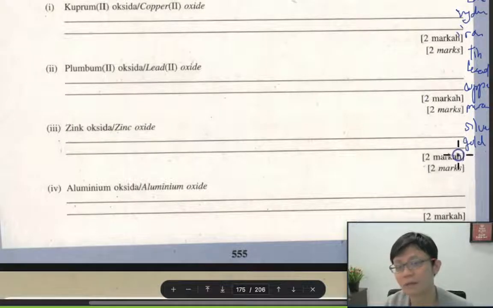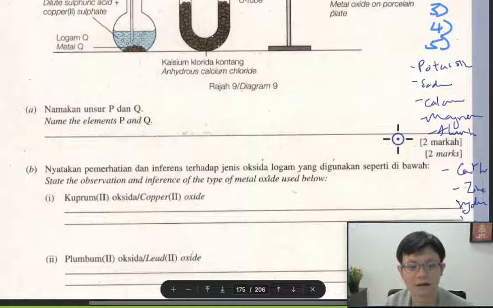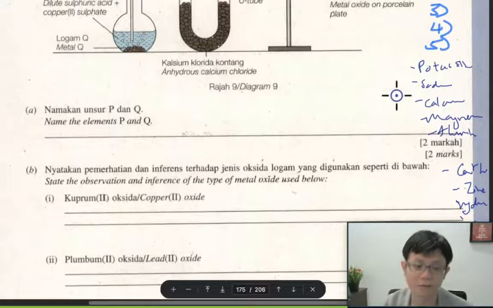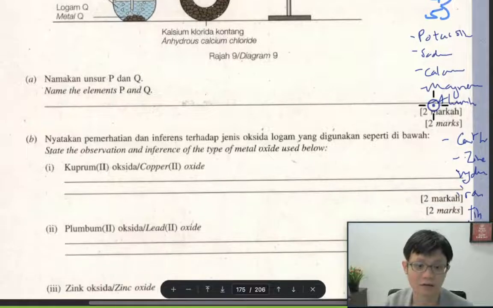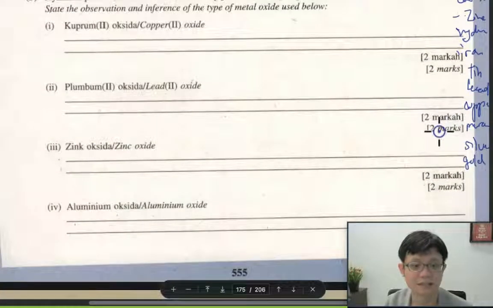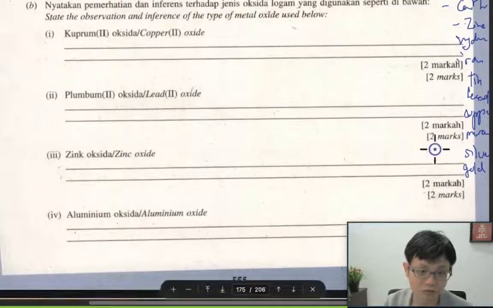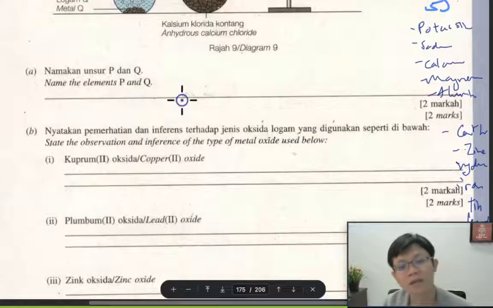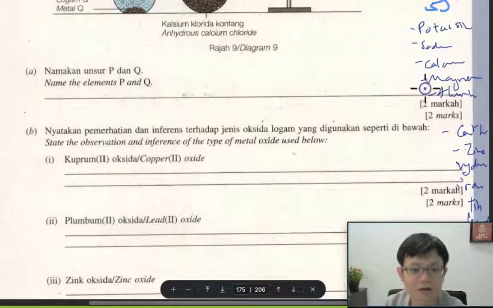So basically you need to remember this from potassium until here. When you go to Form 4 and Form 5, you need to remember the charges as well, the element symbol and the charges. You can Google it.